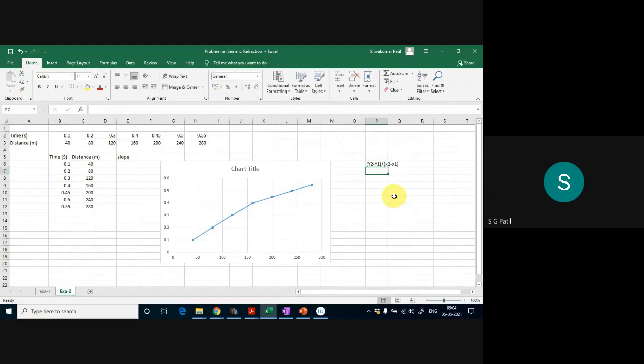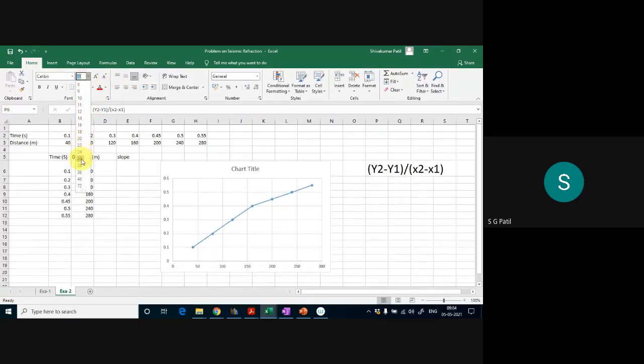So this is the formula. Are you able to see the formula to calculate the slope?